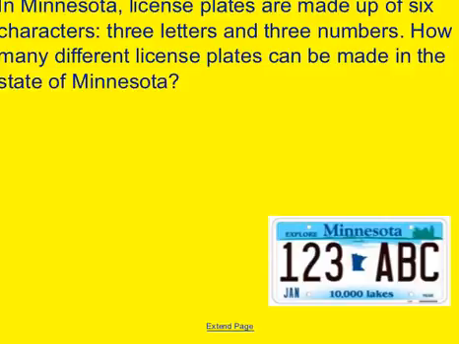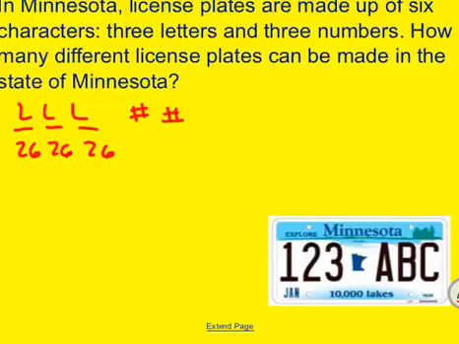So in Minnesota, license plates are made up of 6 characters, 3 letters, and 3 numbers. So I have letter, letter, letter. Letter, letter, letter. Alright, there's 26, 26, 26. They don't change. Then we have numbers. Number, number, number. One thing to note is on your calculator, there's only 10 numbers.